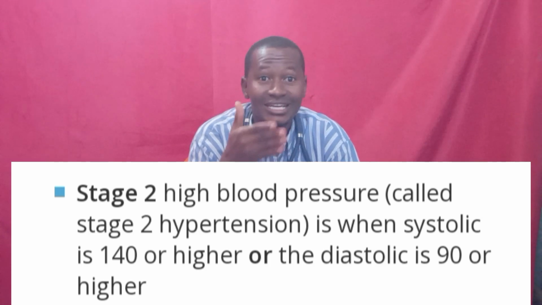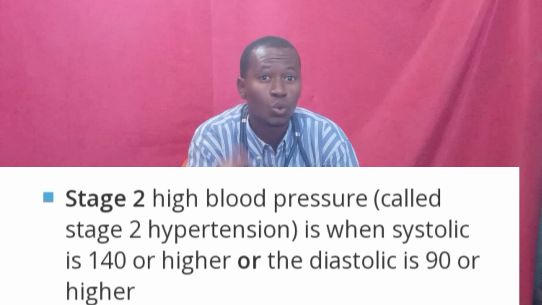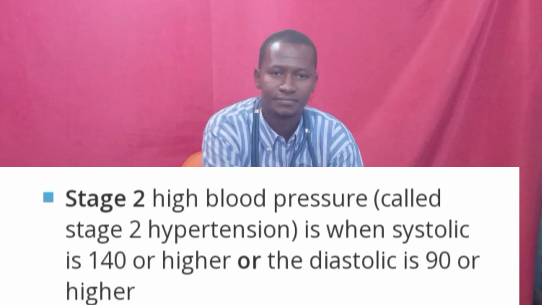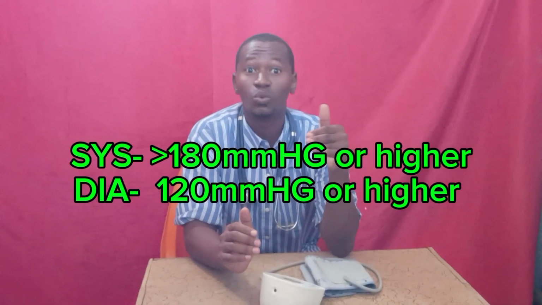What about stage 2 hypertension? In stage 2 hypertension, the systolic blood pressure will be greater than or equal to 140 mmHg or higher, and the diastolic pressure will be greater than or equal to 90 or higher. What about hypertensive crisis?